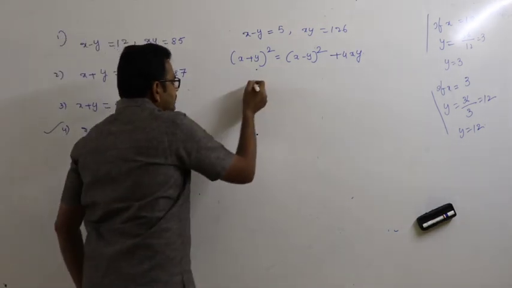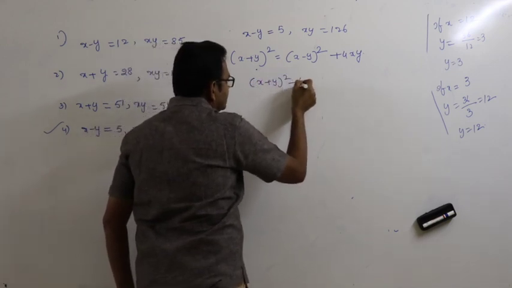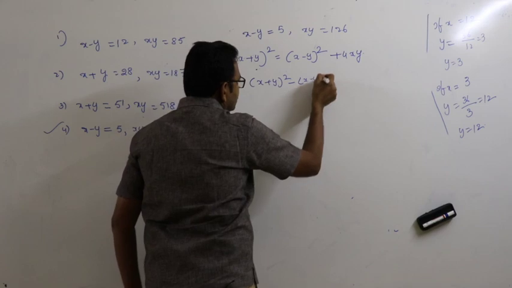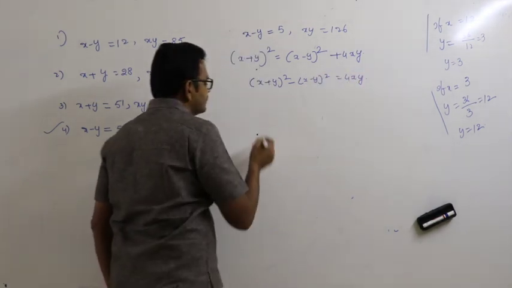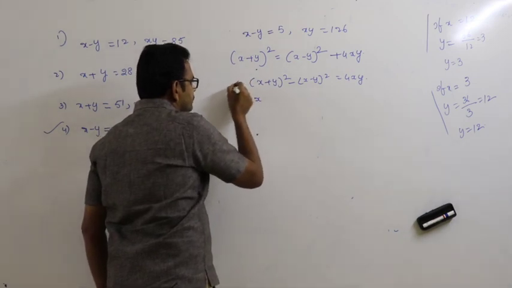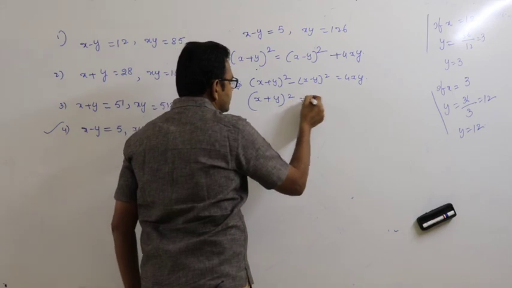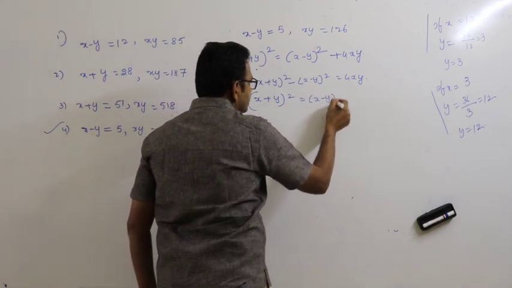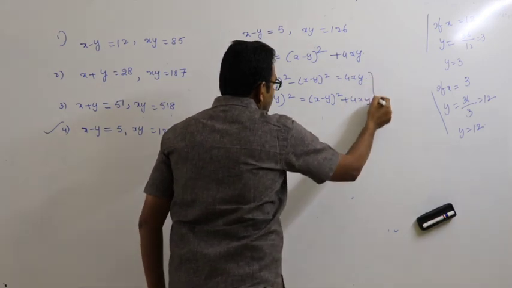How to get this one? You know, (x plus y) whole square minus (x minus y) whole square is equal to 4xy, which implies (x plus y) whole square is equal to (x minus y) whole square plus 4xy.